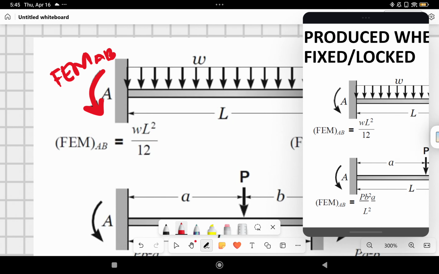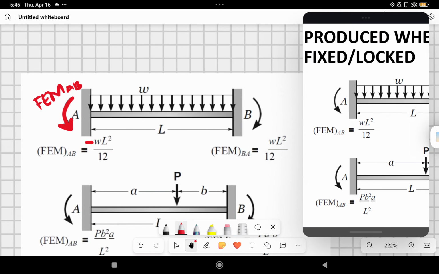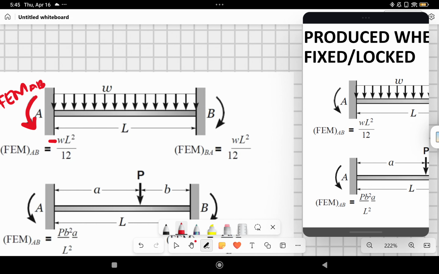It is counterclockwise, so pwede natin lagyan ng negative signs. Okay? Ito naman is FEMBA. And we usually give it that direction, which is clockwise.